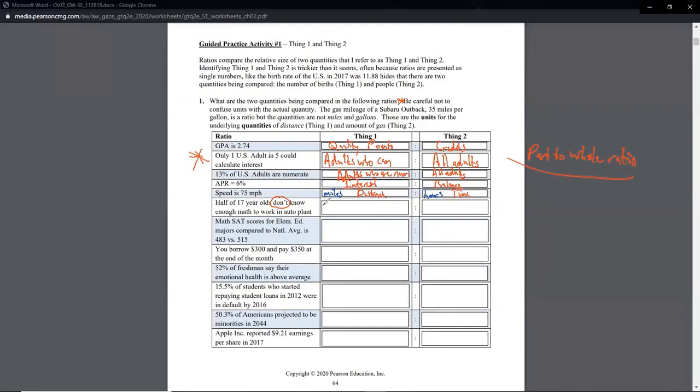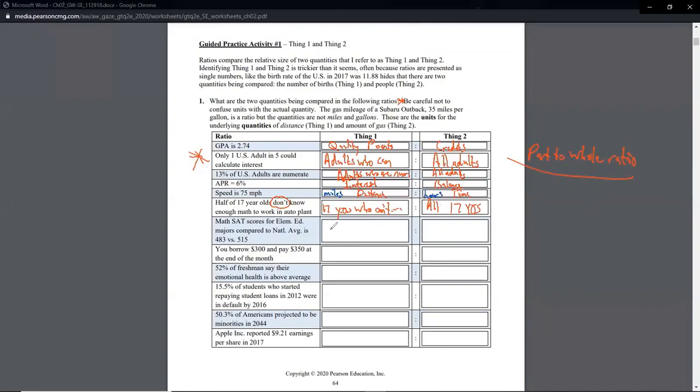So the 17-year-olds who can't do enough math, or don't know enough math, to all. Now, it's not all people, it's all 17-year-olds. That looks like a 117-year-old. All 17-year-olds. There we go.